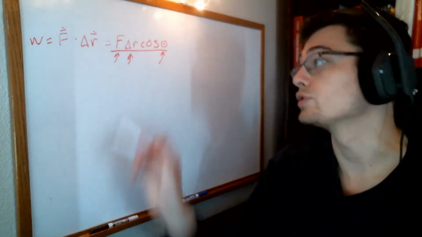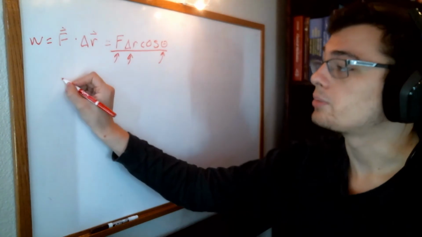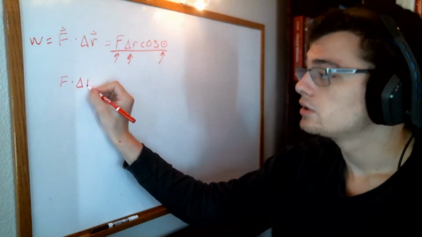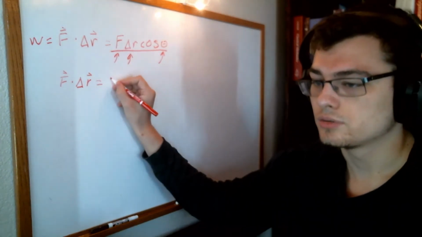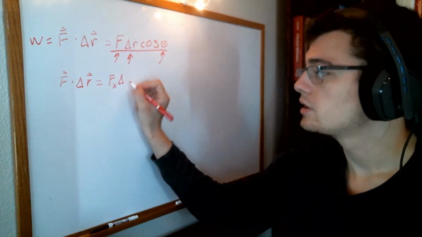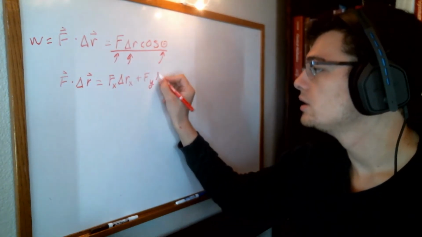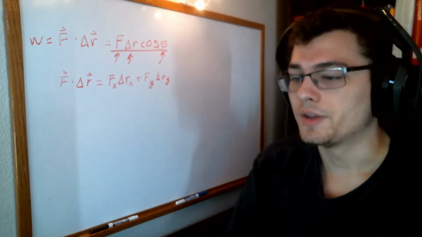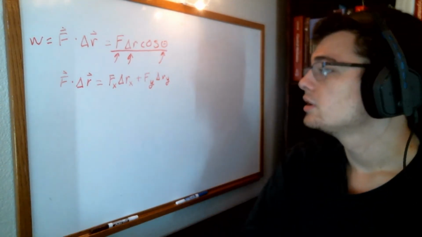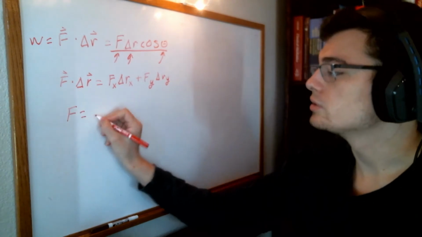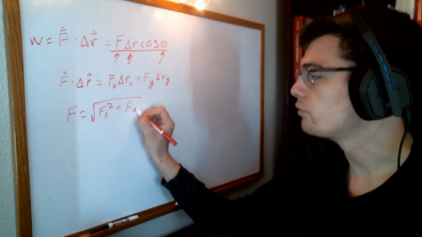We can go ahead and retrieve the magnitude of these two, or you can use the other dot product formula that we learned in chapter 0, I believe, and we can say that this is going to be equal to Fx delta rx plus Fy delta ry, and this will also yield the same value as if you went ahead and said F is equal to the square root of Fx squared plus Fy squared.